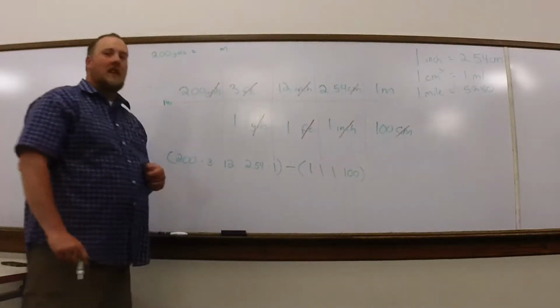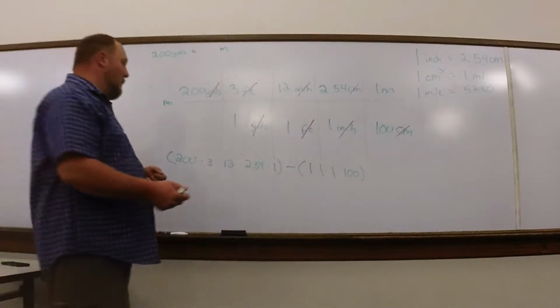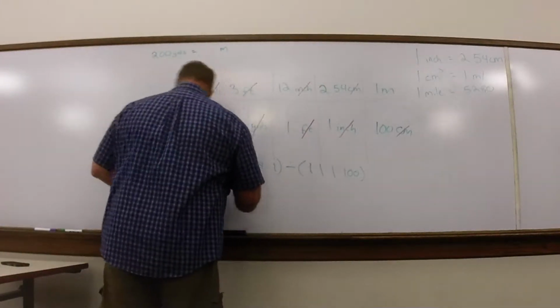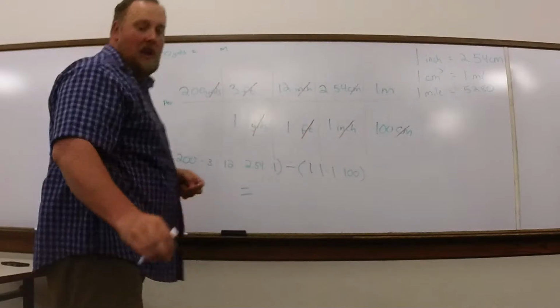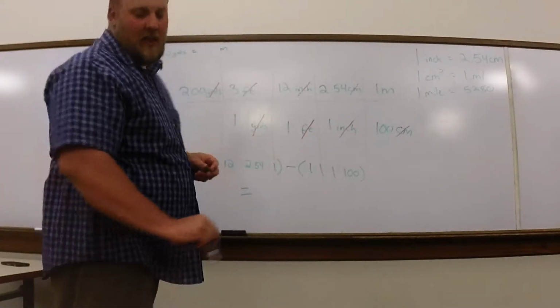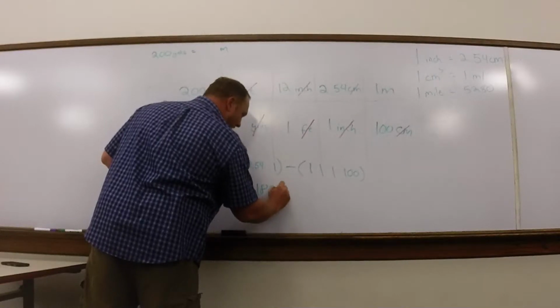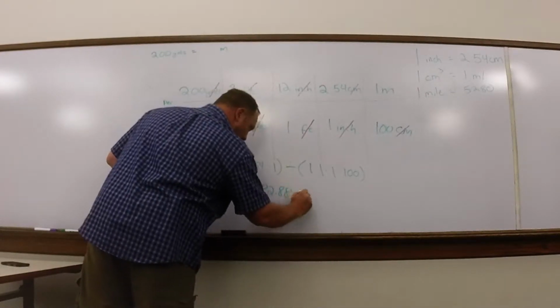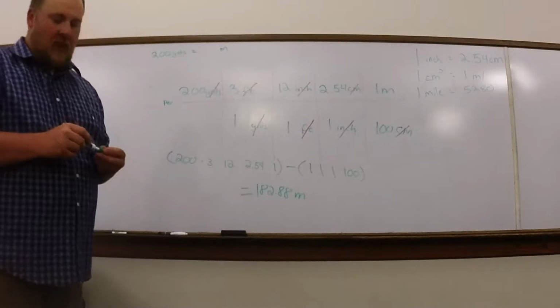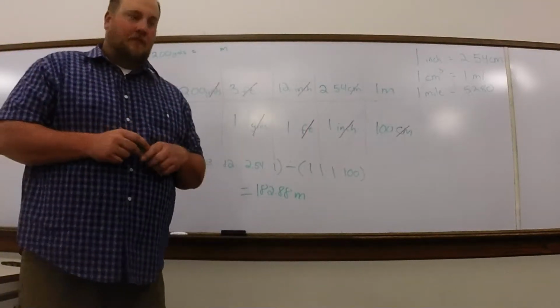Close your parenthesis. Go ahead and we would hit enter. And we would find, I used my cheat sheet from earlier, that it is 182.88 meters. That is the train track method.